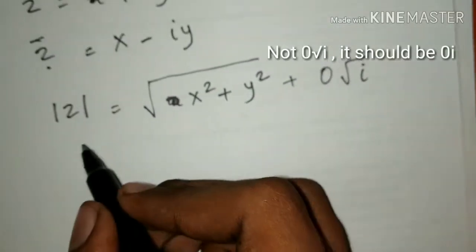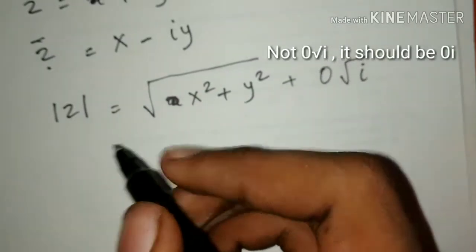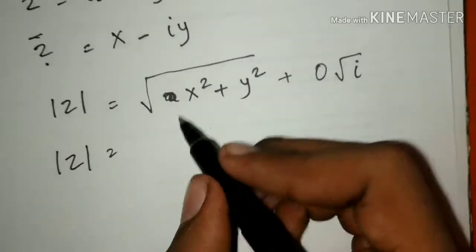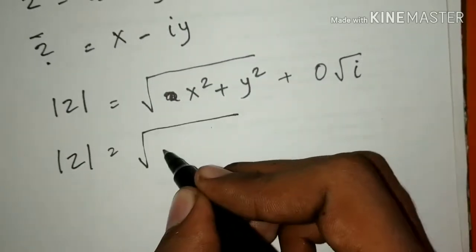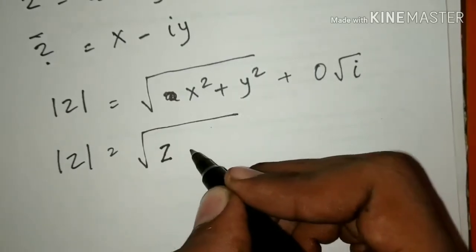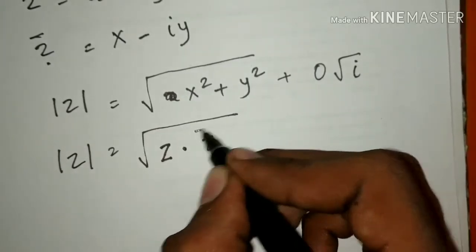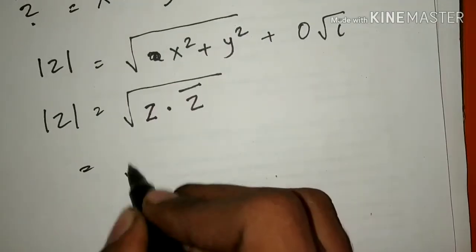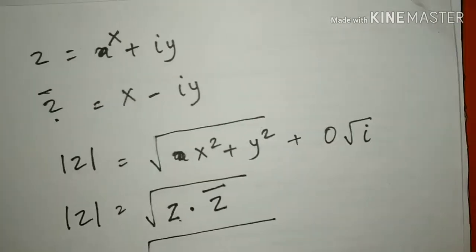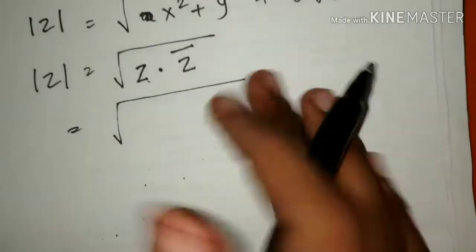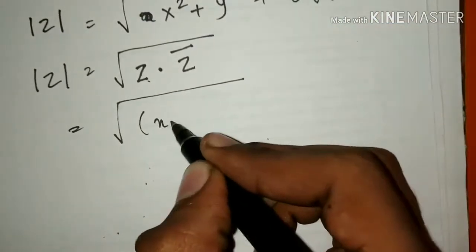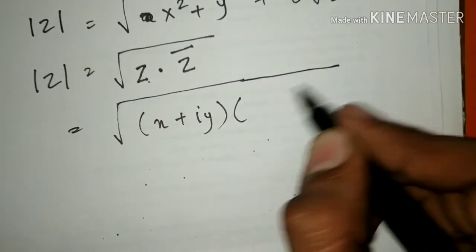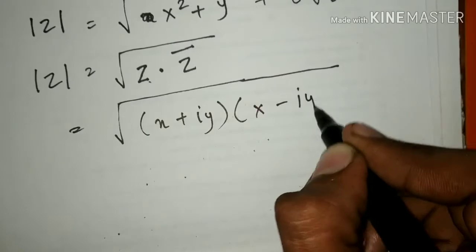Now modulus can also be written as the square root of the product of the complex number times its conjugate. The complex number was x plus iy, so we write it as x plus iy times x minus iy.